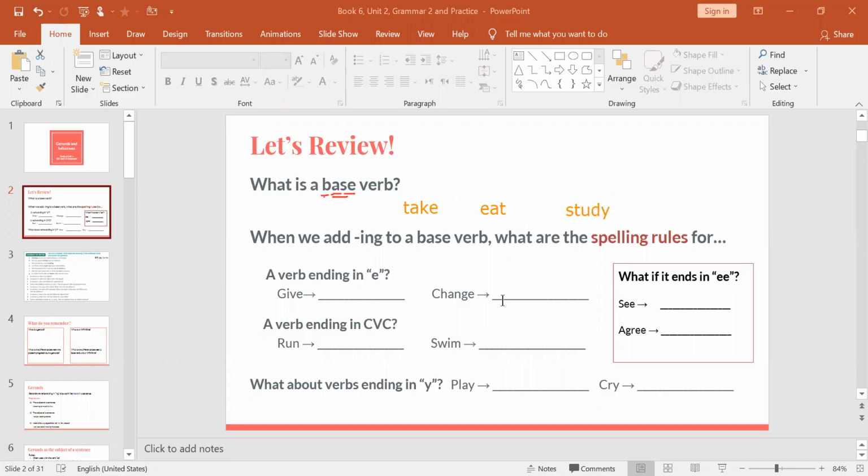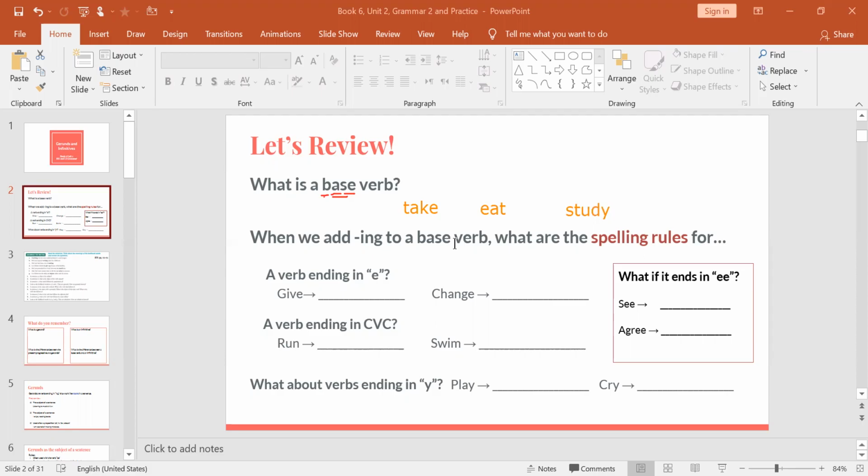So the base verb is just the simple verb in its basic form, without anything added to it, without the to, without ING, without it being conjugated. So when we add ing to a base verb, what are some of the spelling rules for that?